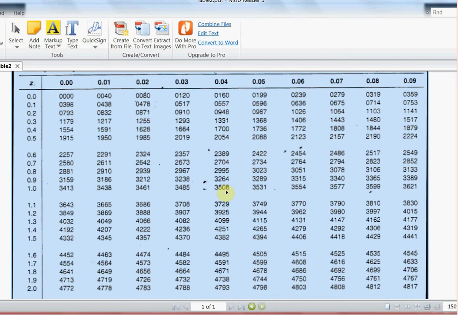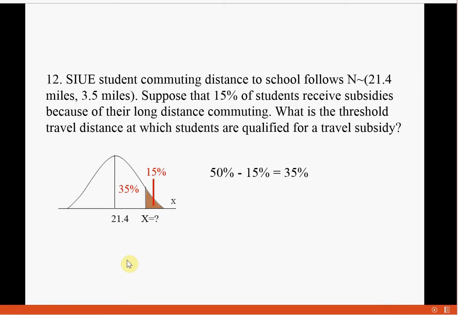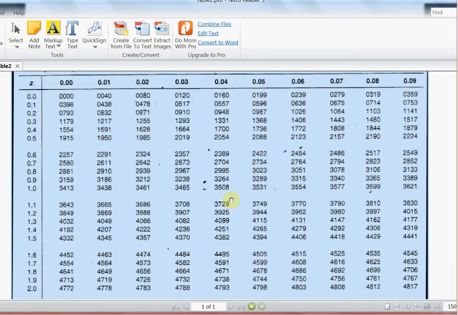If we use this number, the z-score would be 1.04. Let me see which one I use. Okay, I must use 34.85. Therefore, the corresponding z-score is 1.03.